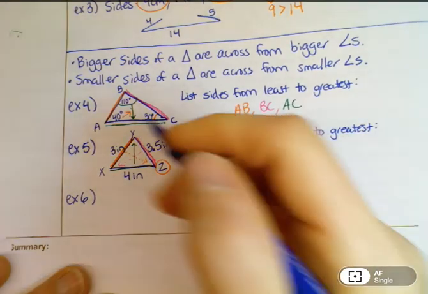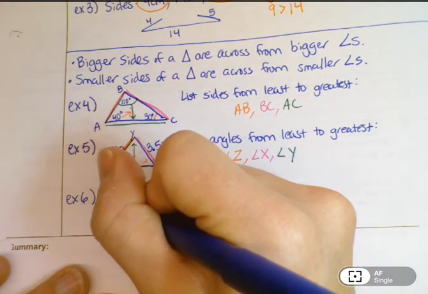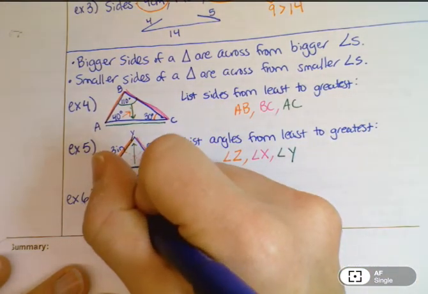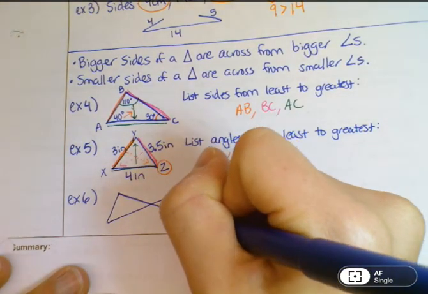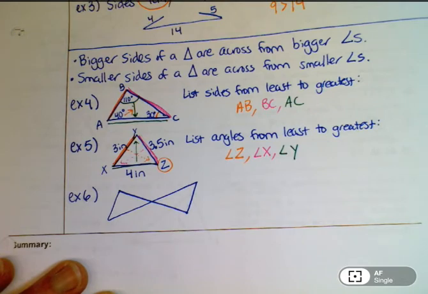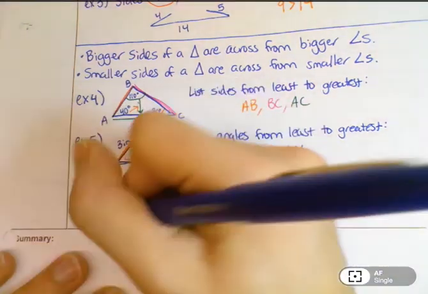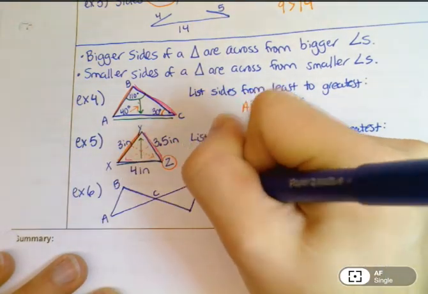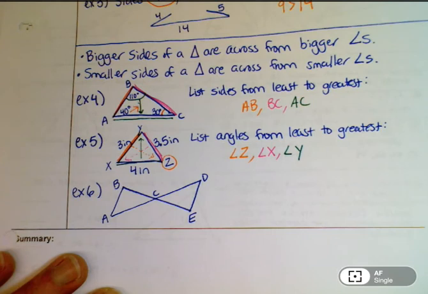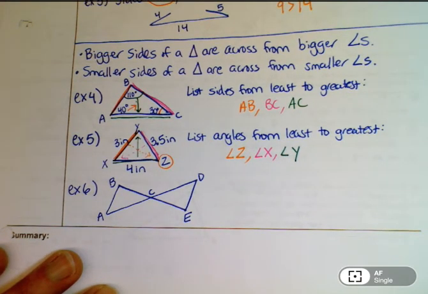So we might have a situation, and we're going to try to make like a bow tie here, kind of thing. So draw that. Label all of that.